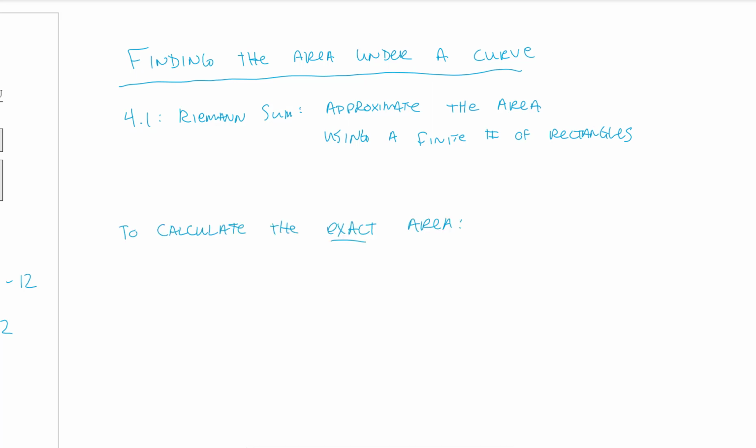And there's 3 ways that we can calculate the exact area. The first and the easiest way is to use geometry. Unfortunately, we can only do this with things that are made up of a collection of rectangles, circles, and triangles, because those are the shapes that we know the areas for.